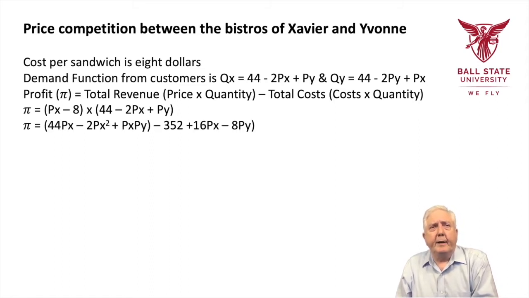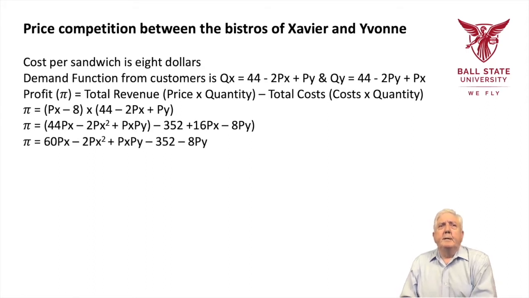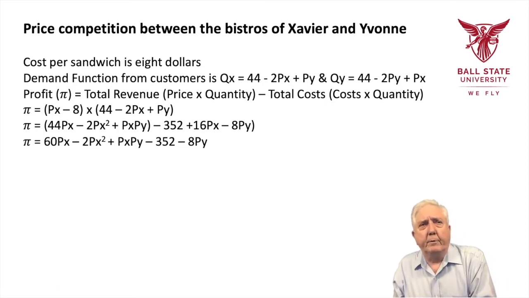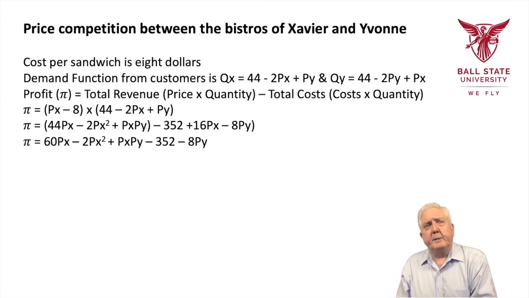If we then extend that, we can see that we get 44px minus 2px squared plus px times py minus 352, that's the 8 times the 44, plus 16px minus 8py, and then we can simplify that further by combining the 16px with the 44px and making it 60px.